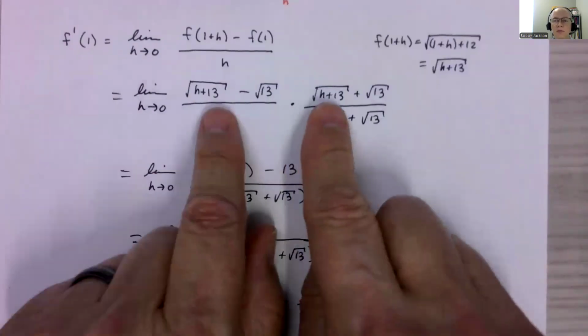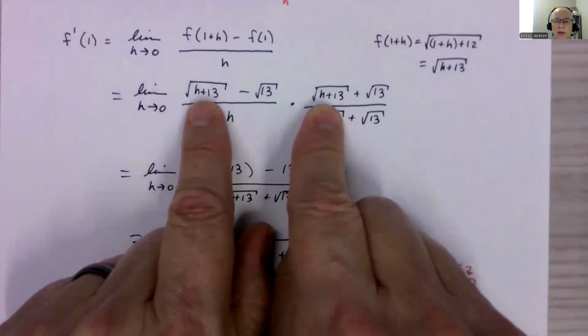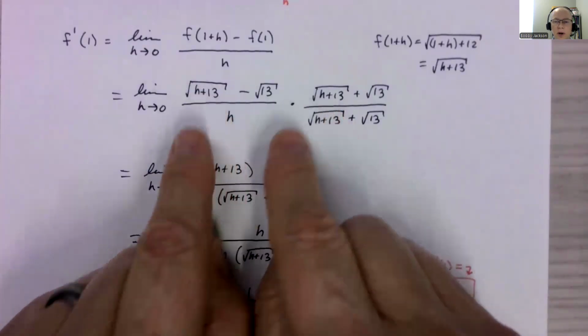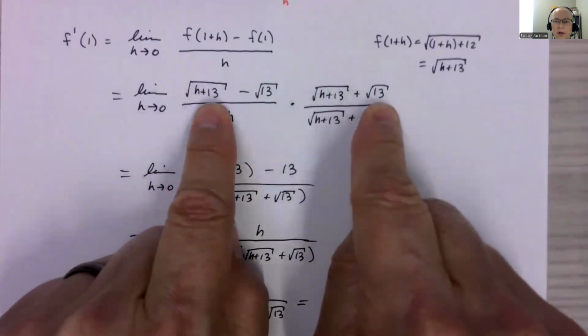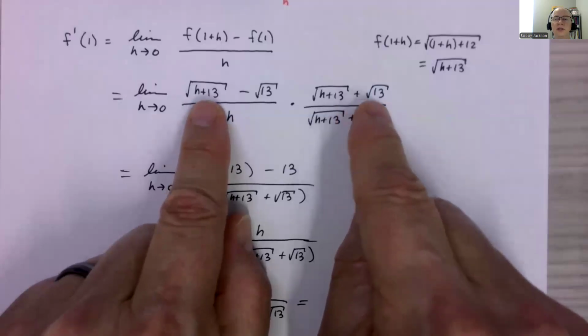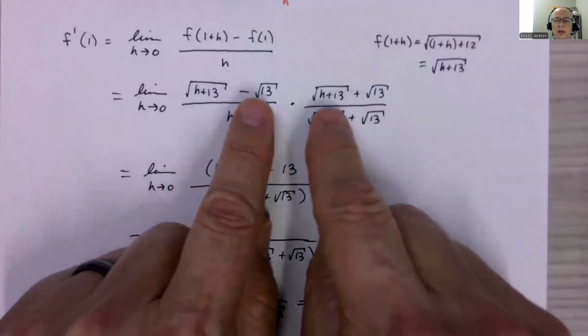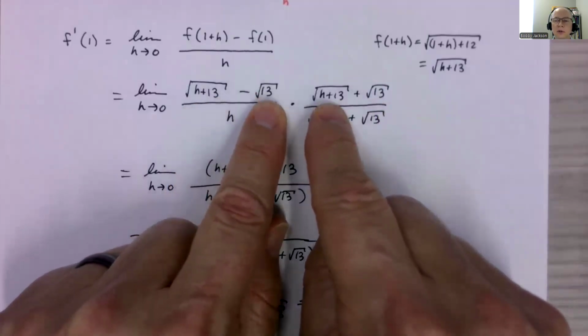Now up top, we're going to FOIL that out. The square root of h plus 13 squared is just h plus 13. So there's the first. Notice the outer and the inner will be just opposites, right? So this is plus the square root of 13 times the square root of h plus 13. And the inner is negative the square root of 13 times the square root of h plus 13.